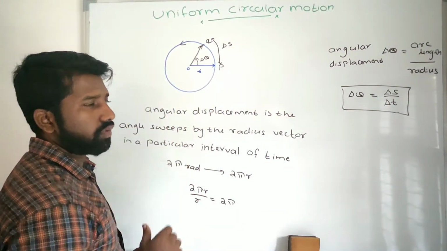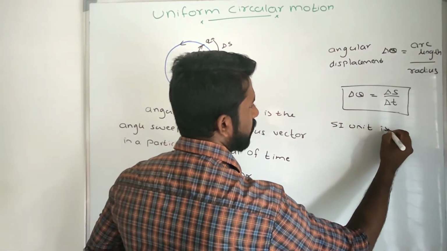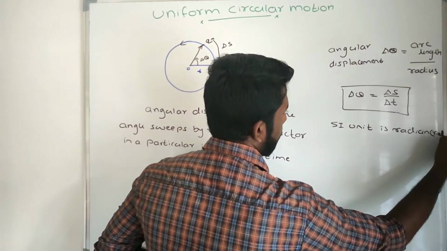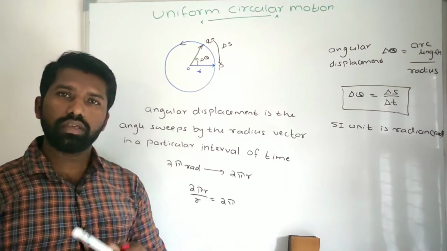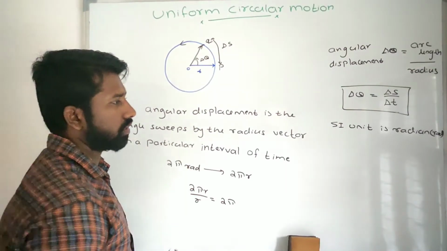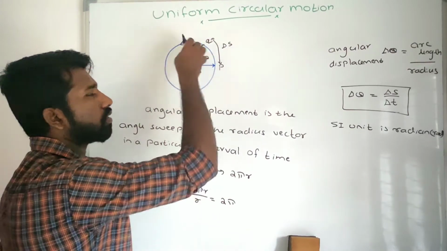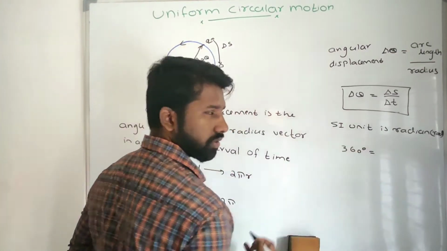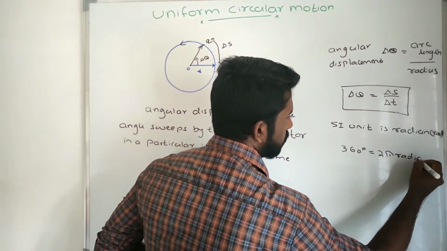Then what about its unit? The SI unit is radians. Normally we use degrees for measuring the angle, so we will see the conversion. If a body completes a circular rotation, the total angle is 360 degrees, which is equal to 2 pi radian.